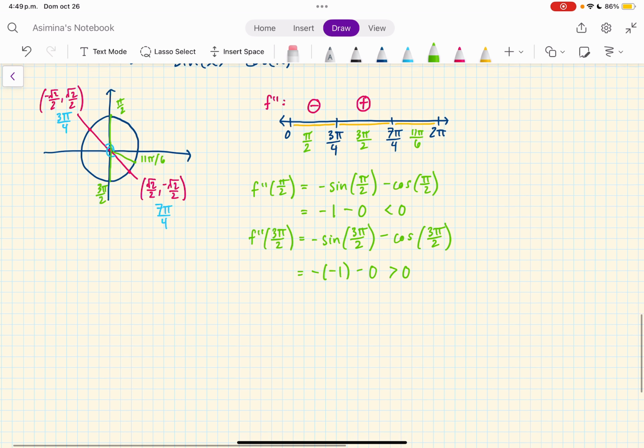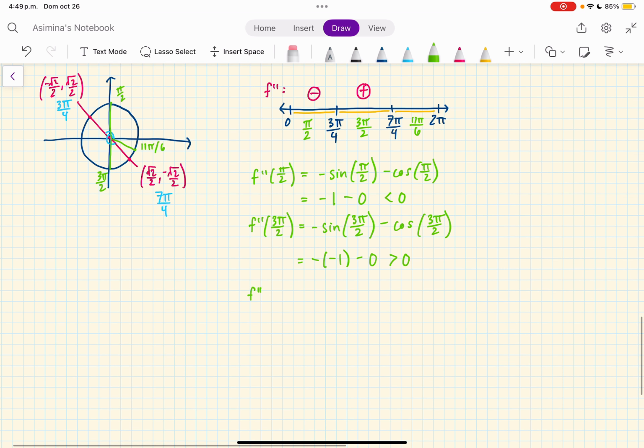Now the last value we want to plug in is 11 pi over 6. So minus sine of 11 pi over 6 minus cosine of 11 pi over 6.